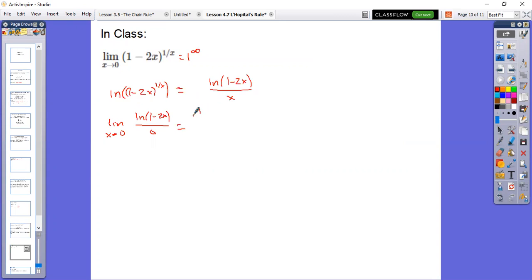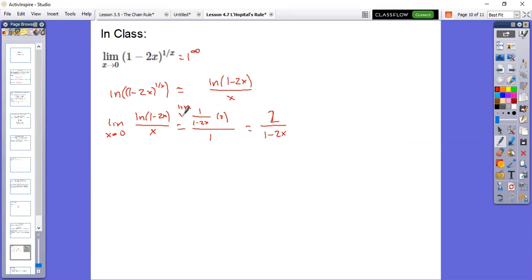This would be 1 over (1 minus 2x) times the derivative, and this is all over 1. So really this is just the derivative of the numerator, which is negative 2 over 1 minus 2x.